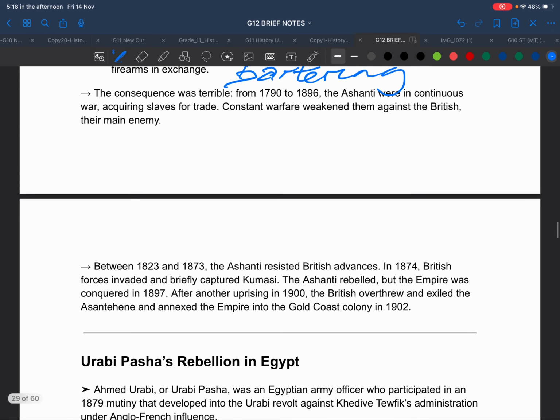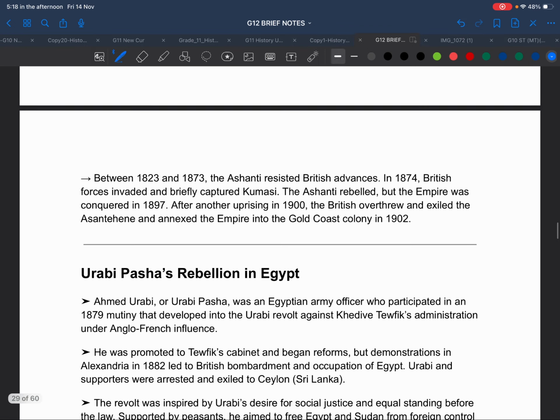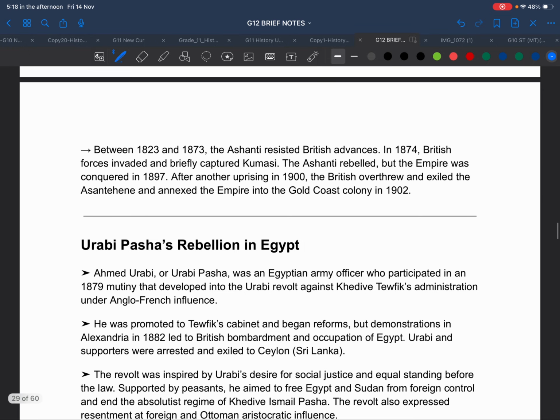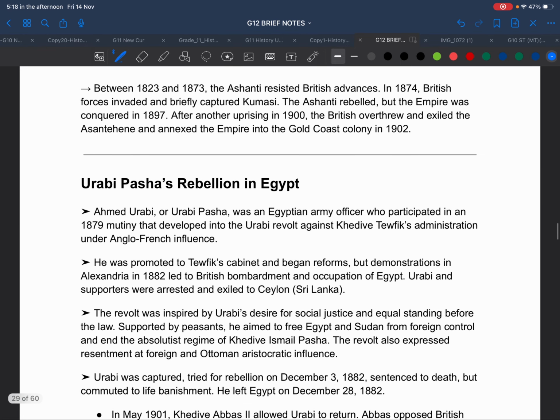Their enemy was Britain. Between 1823 and 1873, the Ashanti resisted the British advance in the earlier stage. Yeah, they were successful. In 1874, however, British forces invaded and briefly captured Kumasi, the capital of the Ashanti Empire, especially in the south, what in the future we call the Gold Coast.